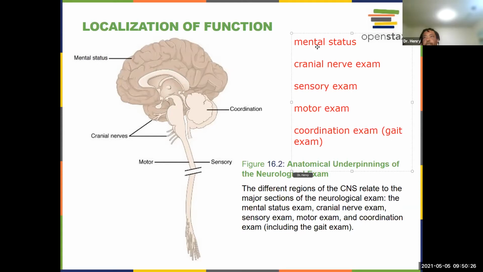So we have the mental status exam. That is going to test those higher cognitive functions, such as your memory, orientation, speech.